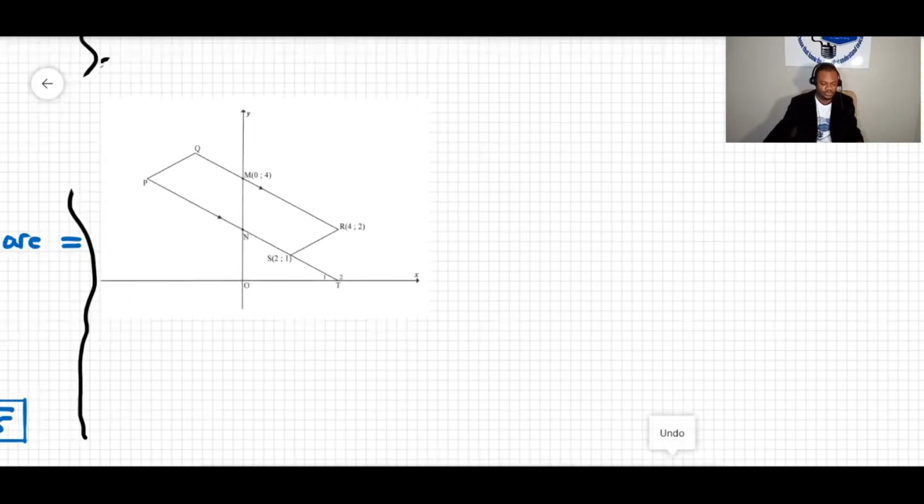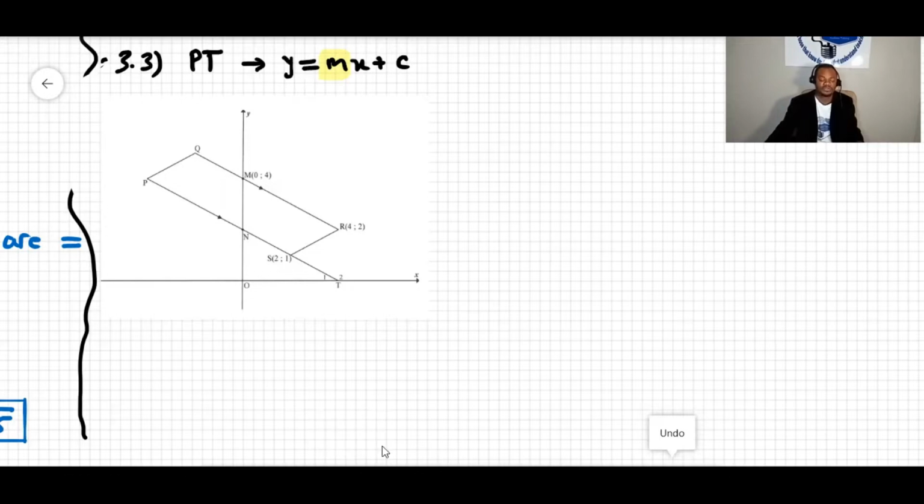So now we're doing question 3.3. We need to find the line PT in the form y equals mx plus c. To do that, we have some unknowns, because we need the gradient to find the equation of the line, and the gradient is not given.